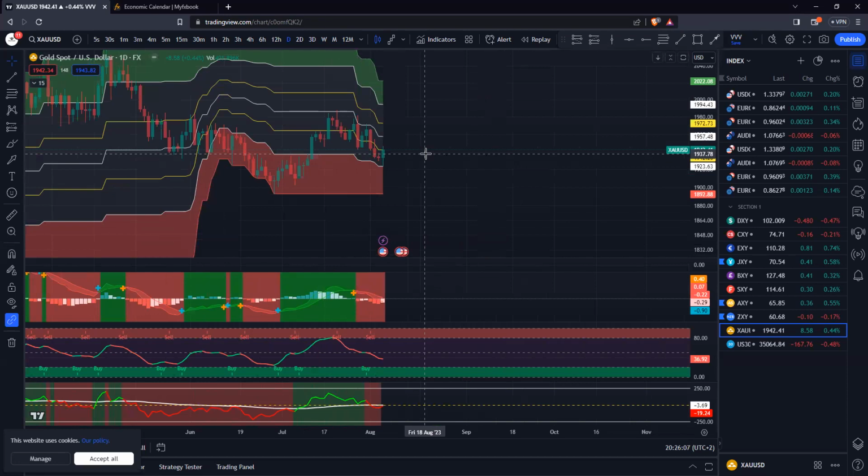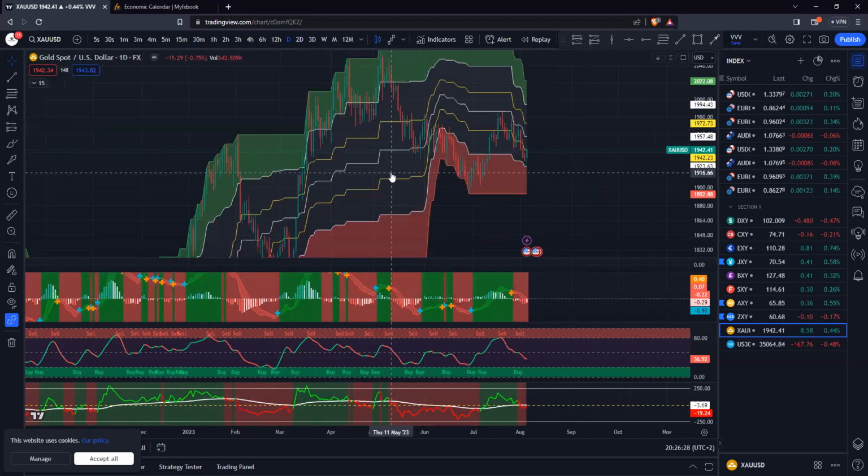The Monday and Tuesday will be interesting. Because if it's starting to go up a bit, I think Wednesday and Thursday will be a down move as well. So yeah, I'm looking exactly for that.